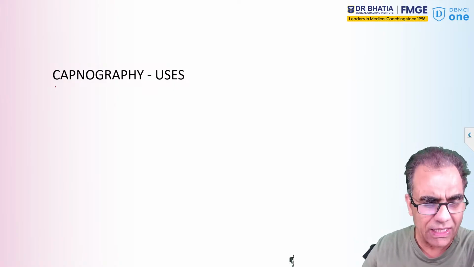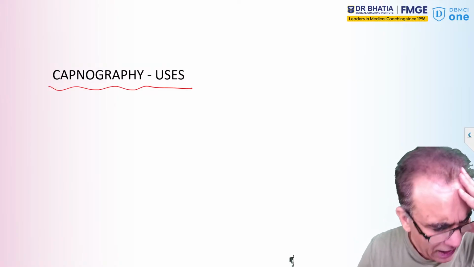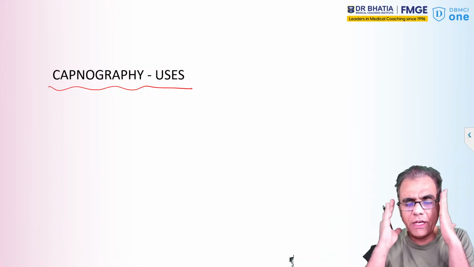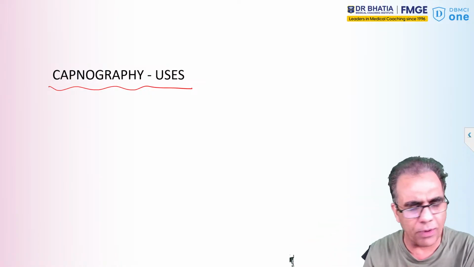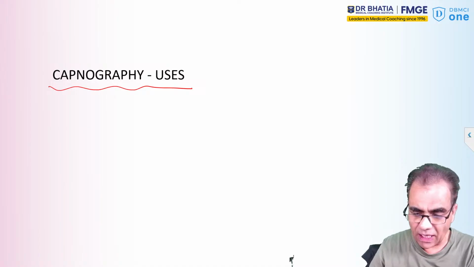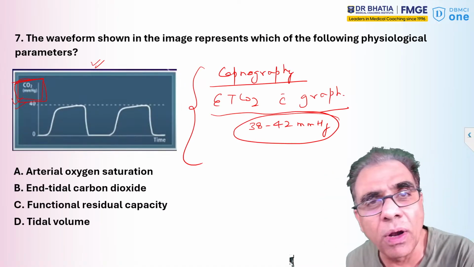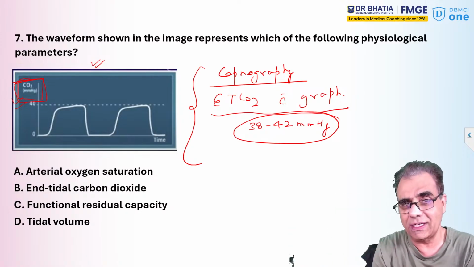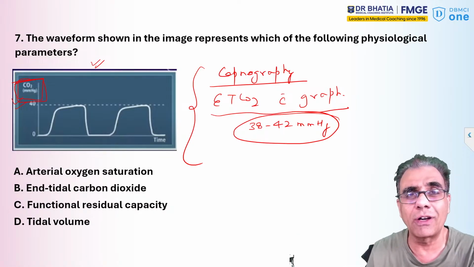But I like to discuss a bit about capnography because this is very, very important. You have seen in FMG, if I see the pattern of 10 years, every year there's a question on capnography. But this time I will say the easiest question, otherwise it is always on one of the abnormal graphs. Question on LMA, one way or another. Today they asked in a very nice clinical way, cannot intubate, cannot ventilate.